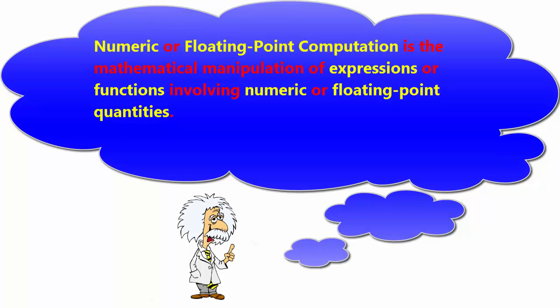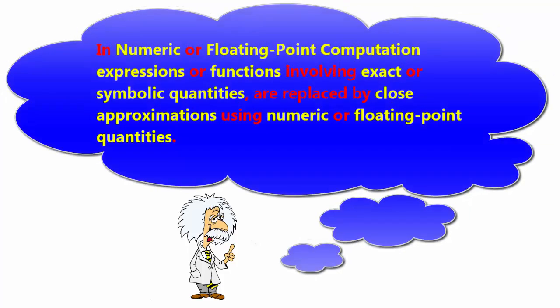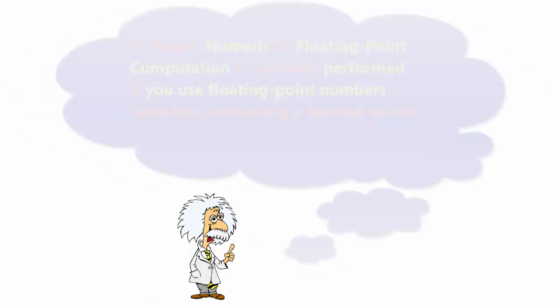Numeric, or floating-point computation, is the mathematical manipulation of expressions or functions involving numeric, or floating-point, quantities. In numeric computation, expressions or functions involving exact, or symbolic quantities, are replaced by close approximations, using numeric, or floating-point quantities.